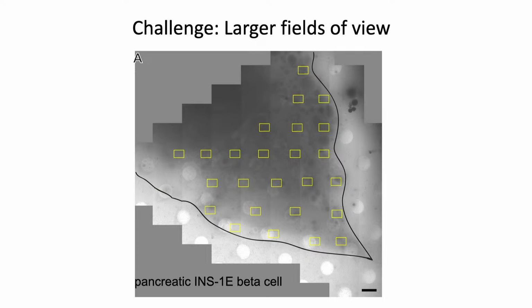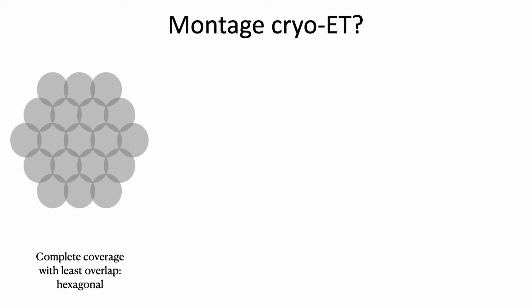This is the thin edge of a pancreatic beta cell that we imaged, and all the yellow spots are places where we took tomograms because we wanted to see the progression of the secretion granules. This led us to propose montage cryo-ET. It's a long story, but basically, what would happen if we took overlapping exposures in a hexagonal pattern?